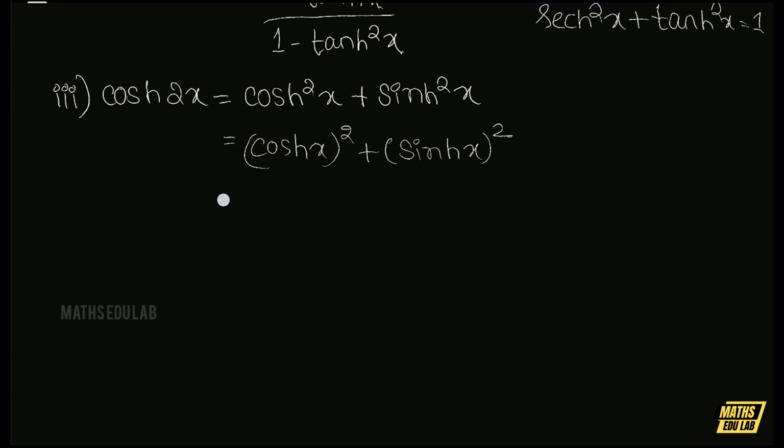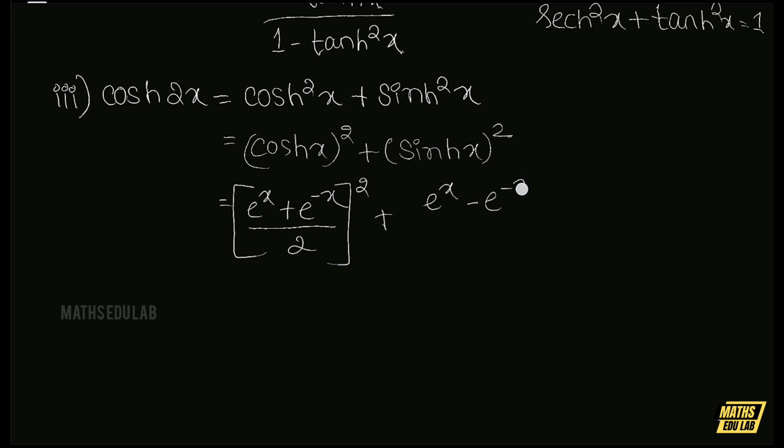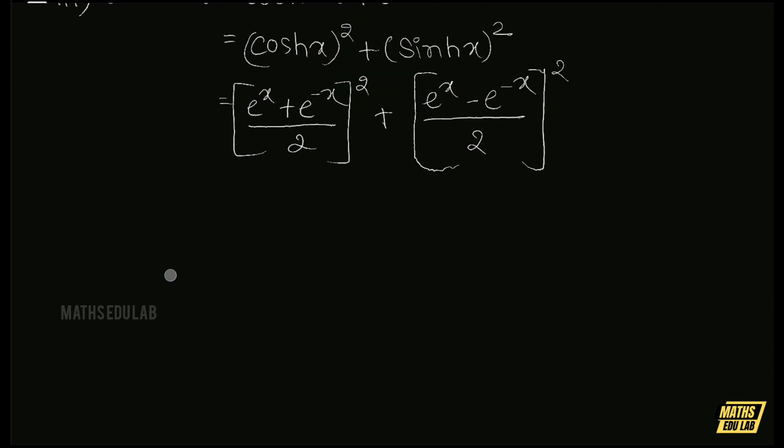And we know the formula for cosh and sinh, that means the hyperbolic function formula: (e to the power of x plus e to the power of minus x upon 2) whole square plus (e to the power of x minus e to the power of minus x upon 2) whole square, which is equal to 1 by 4, because 1 upon 2 whole square is nothing but 1 by 4.